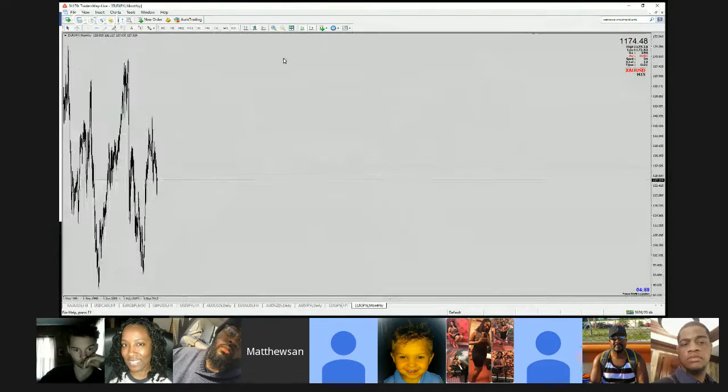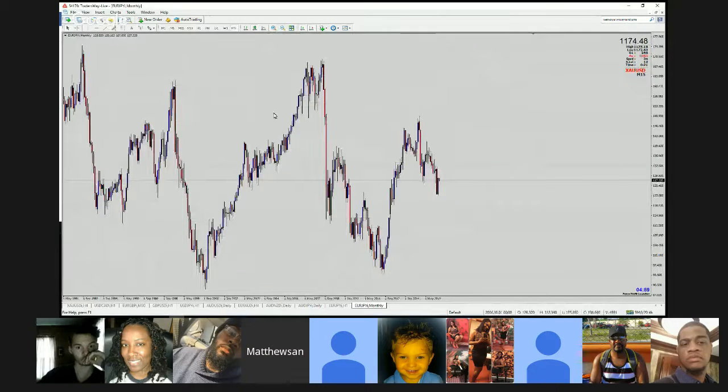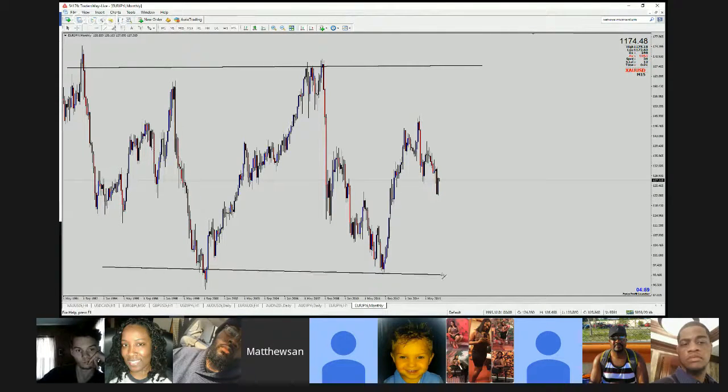Monthly. So first we need to find an area where the market is consistent. So for one, you have your high up here, down here, and then right in the middle.